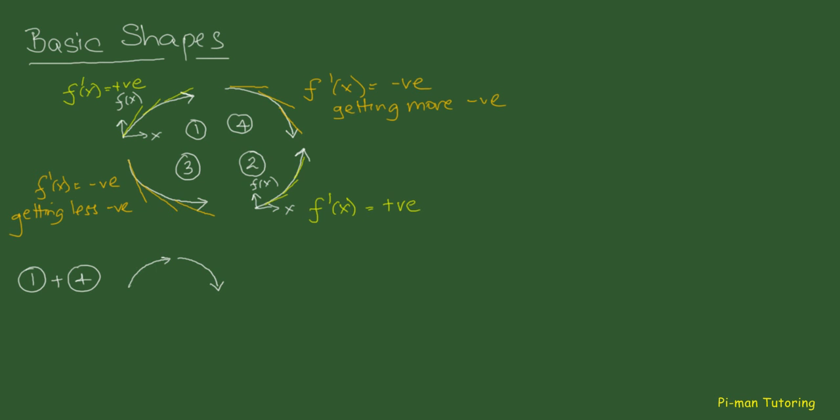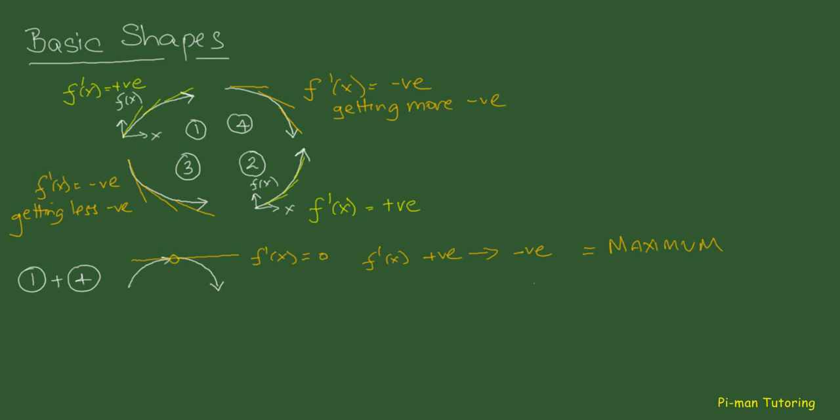And if we have that case, I think you can probably see that at the top here, the tangent to the graph will be 0. So f dashed of x will be 0 as we transition from type 1 to type 4. And because we are going from f dashed of x positive to f dashed of x negative, we create a maximum, a local maximum.